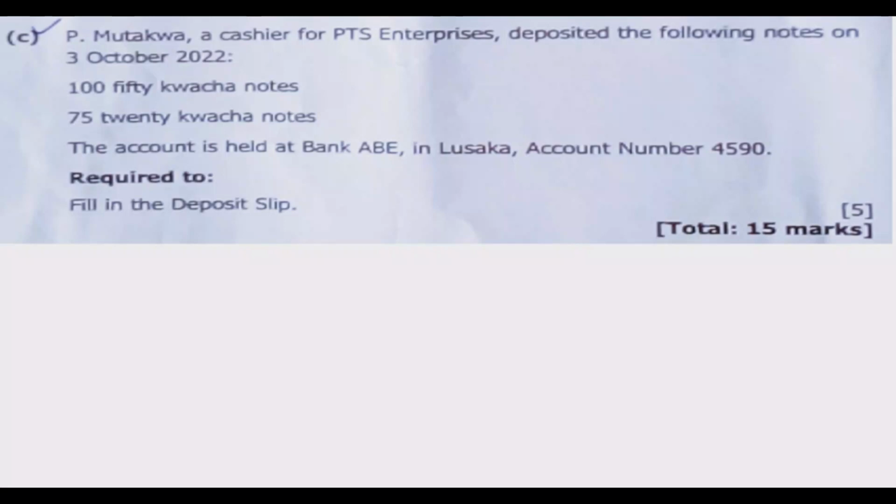The account is held at Bank ABE in Lusaka. The account number is 4590. What we are required to do is fill in the deposit slip.